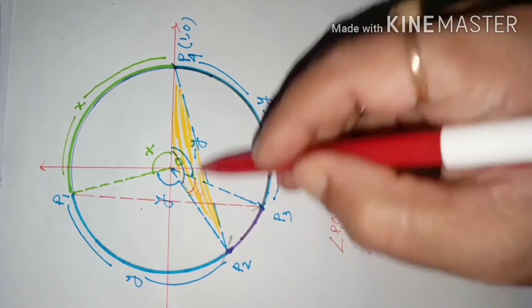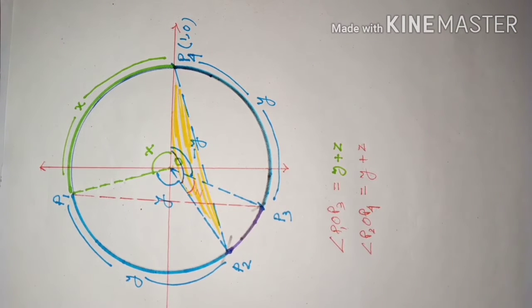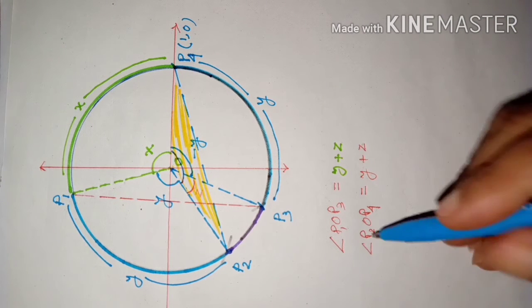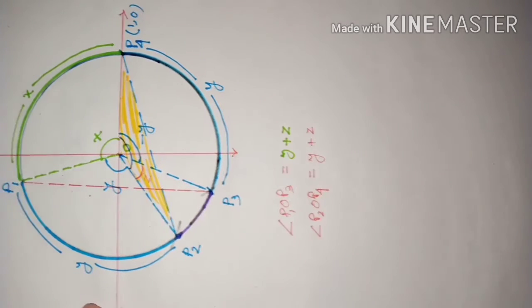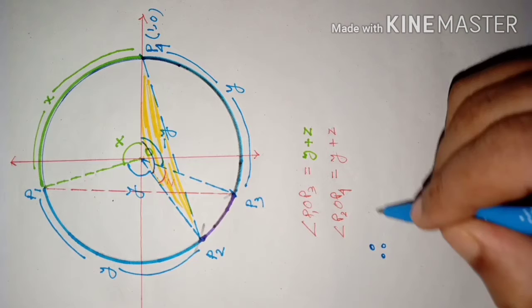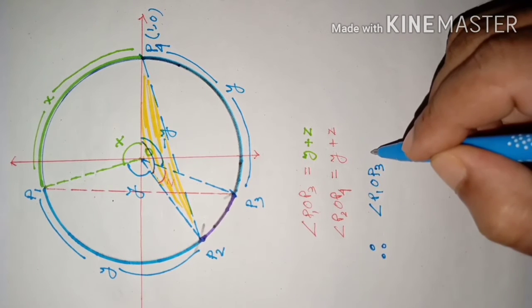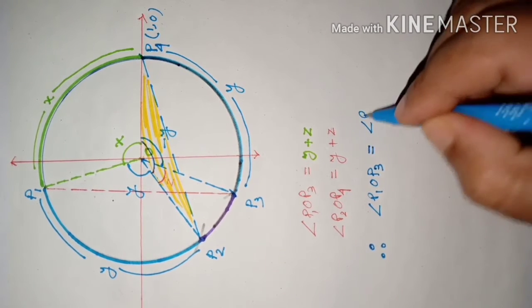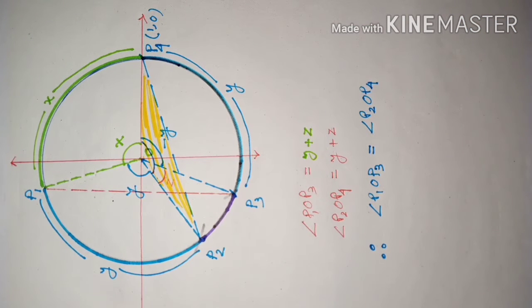You have to say z plus y or y plus z. Look at these two values, dear students. Both are the same. So what can you say from this? Therefore angle P1 O P3 is equal to angle P2 O P4. These two angles are equal.